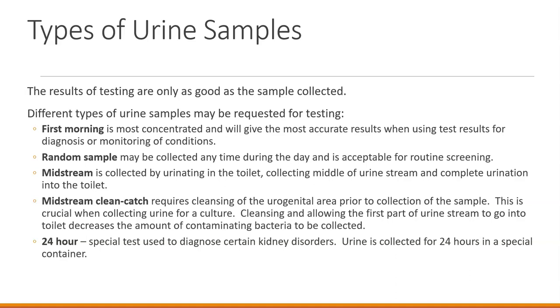Again, there's what's called normal flora in the urogenital area, and this is bacteria that normally grows there. But if you collect it in the cup, it's going to grow on the plate as well and may overgrow pathogens. A 24-hour urine sample is a special test used to diagnose certain kidney disorders. The urine is collected for 24 hours in a special container.